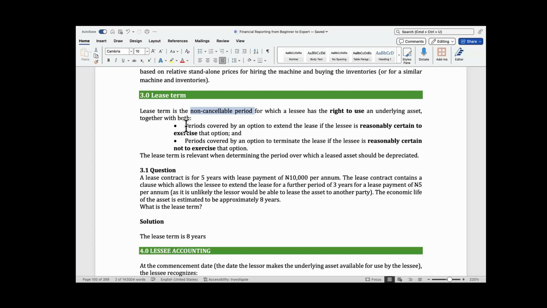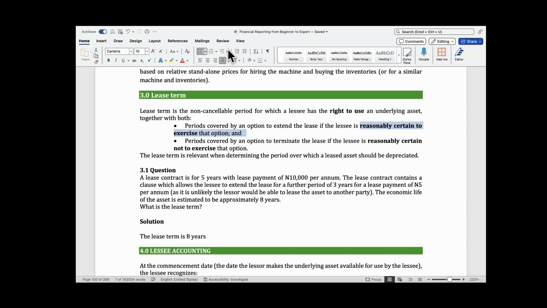So lease term can include period covered by an option to extend the lease, only if the lessee is reasonably certain to exercise that option. So lease term can also include period of extension if the lessee is reasonably certain to extend. So how can we be sure that the lessee will extend?